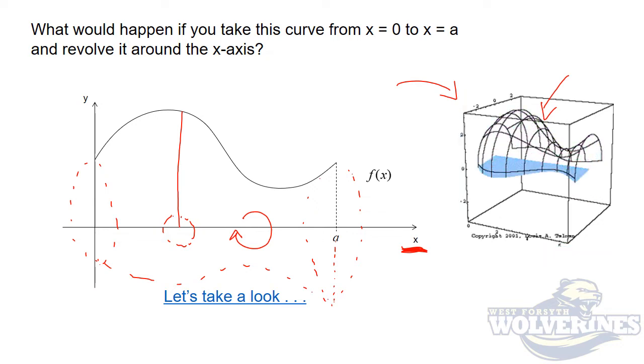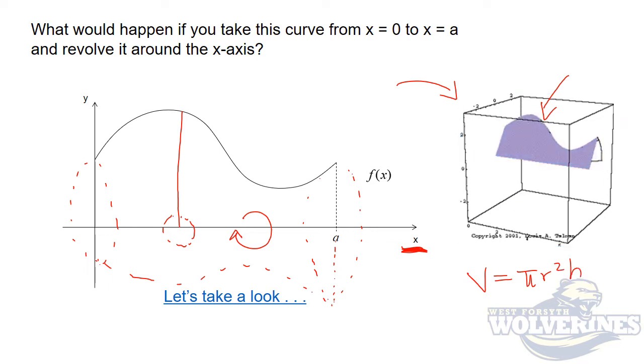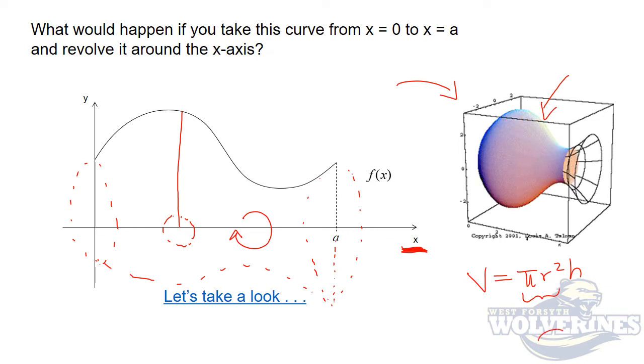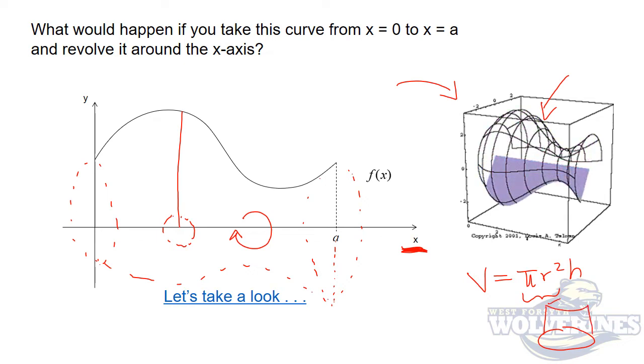So we're building off the volume of a cylinder, which again is pi r squared h. The pi r squared is just the area of a circle, and you're just taking the area of the circle and multiplying it by the height. In other words, how many circles do you have? So pi r squared h. That's very important.